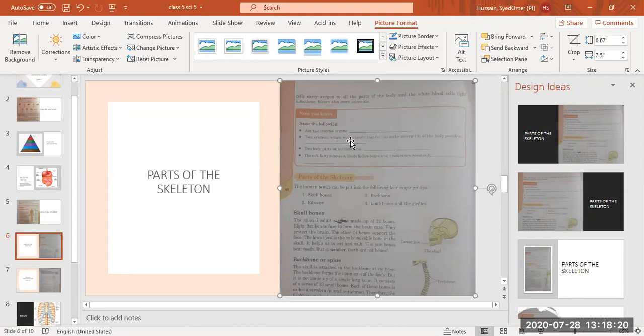Two systems which work closely together to make movement of the body possible. The movement of our body is because of two systems. What are the two systems? Who will answer my question? Raise your hands.